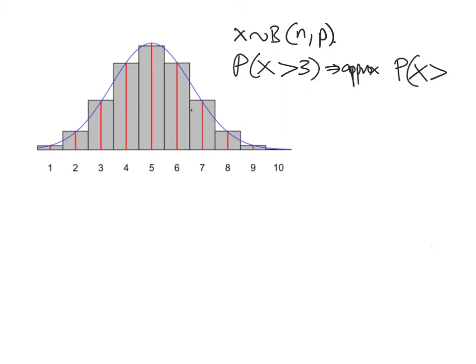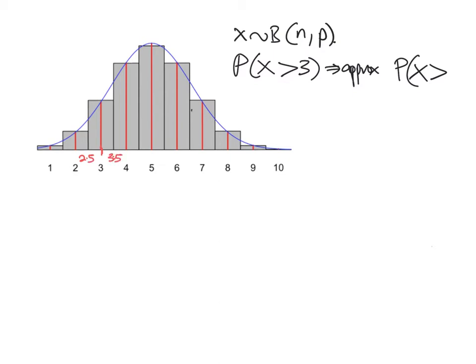Let's look at what X is greater than 3 means, which area is greater than 3. So that's where 3 is, and that's the lower bound, which is 2.5, and that's your upper bound, which is 3.5.